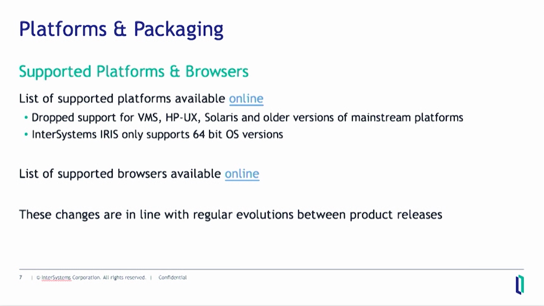We really focused InterSystems IRIS in a lot of areas down to what is actually going forward of strategic relevance, right? So there's no 32-bit system, right? Everything is 64-bit. There are several operating systems that no longer appear in this list. Similar with browsers and similar with other technology.